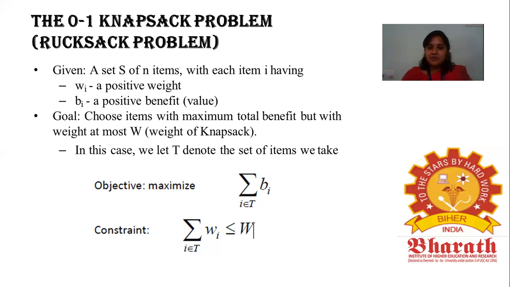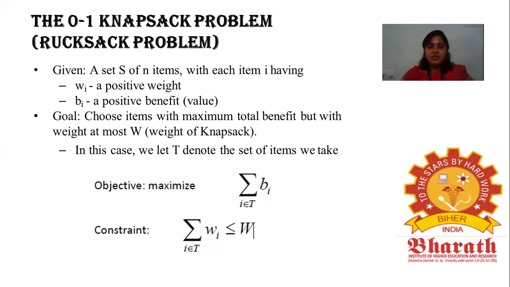So in this case, we have to define the objective and the constraint. The objective is to maximize the profit, that is called benefit, and the constraint is that the weight of the objects that are going to be inserted in the knapsack should be less than the capacity of the knapsack. Okay, this is the goal.